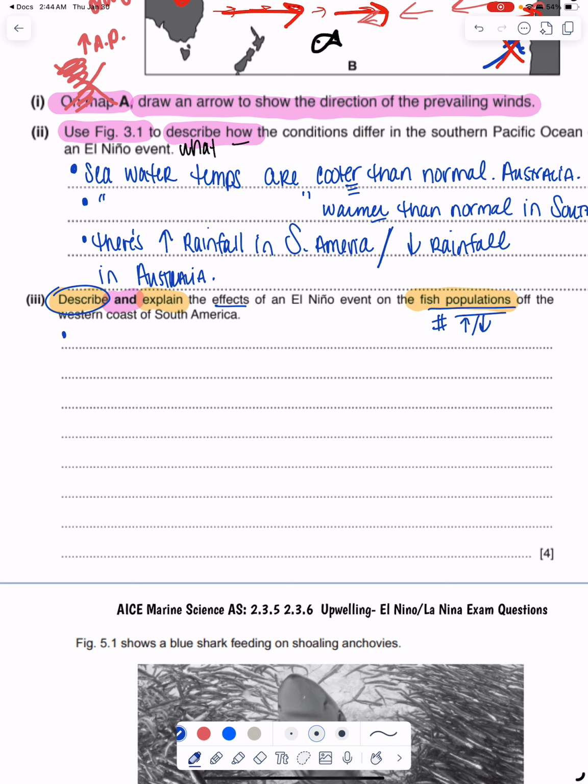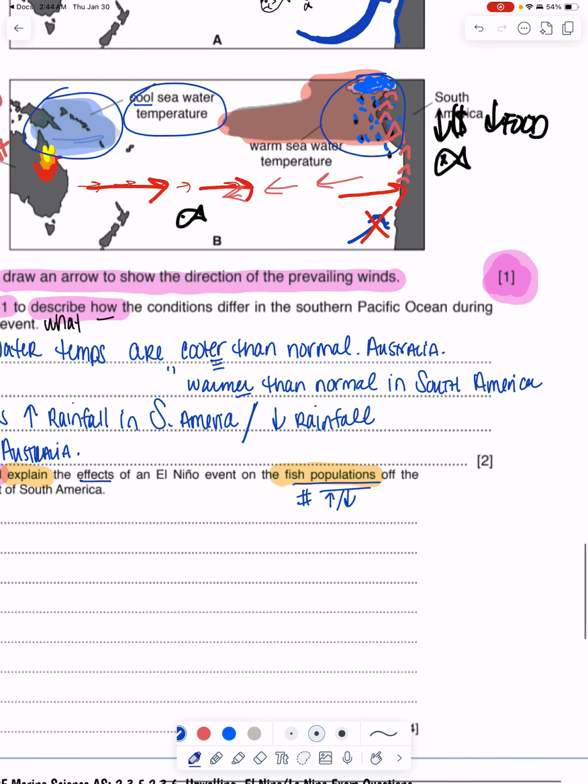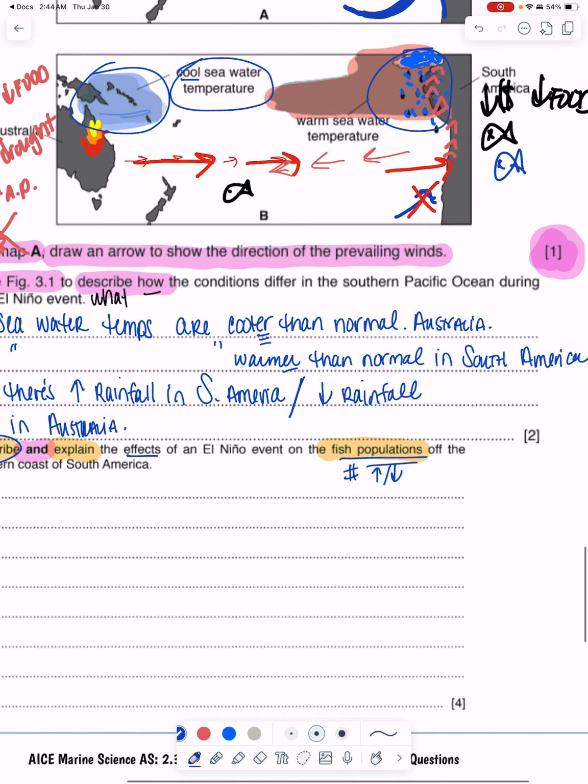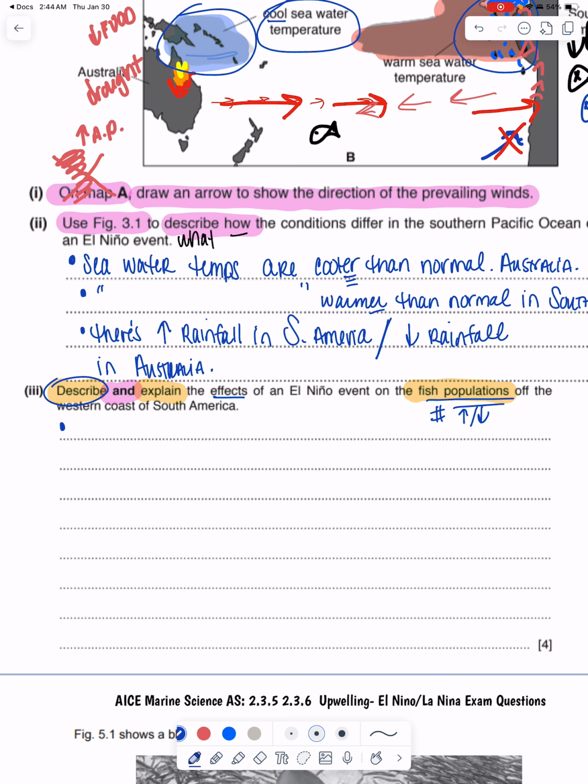That's the first thing we have to say. And it's going to be that fish populations are going to go down. Dead fish. There's a decrease in fish population.